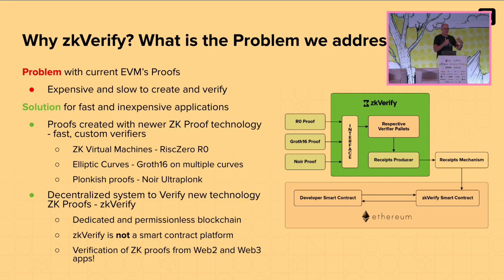So we can take a bunch of these proofs, the receipts for them, send a data structure to our smart contract on an EVM, and then the proof verification is available to any Web3 contract that wants to use them. So this is our system. zkVerify is not a smart contract platform. It's a system that enables people to use new, fast, and inexpensive proofs for many different types of applications.